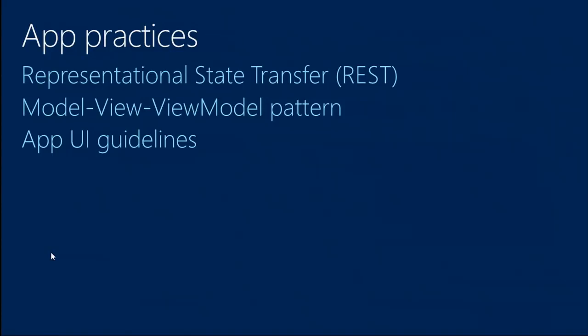So now how do we move on to do the things in apps that need to be done? In particular, we're going to talk more about REST, what patterns are we going to use to talk to REST. Then we're going to talk about the model, view model pattern. So one of the challenges you have with these apps that you're creating is exactly how are they supposed to be structured, right?